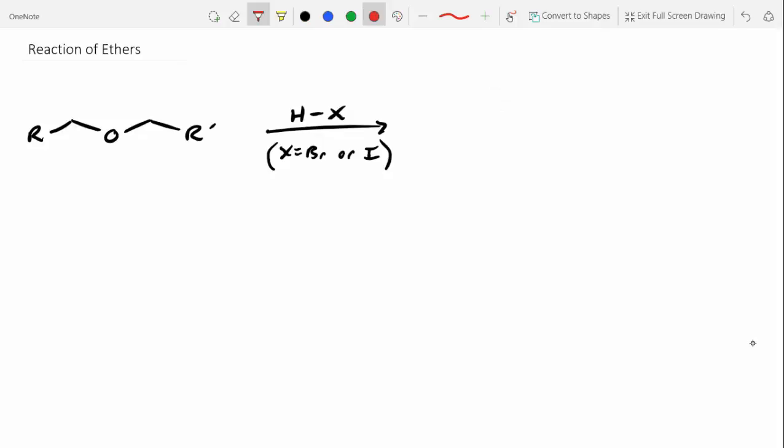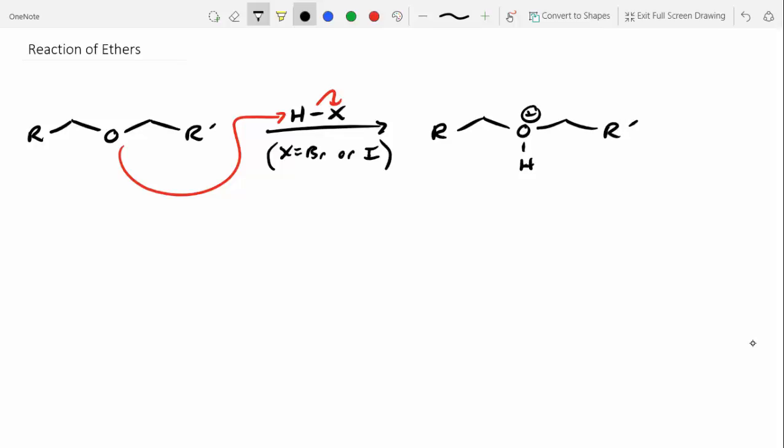I'm just saying X equals bromine or iodine. Oh. Yeah. All right, so we'll protonate this oxygen on our ether. When we did this, we also kicked off an equivalent of X minus, meaning we've got bromide or iodide around in solution.